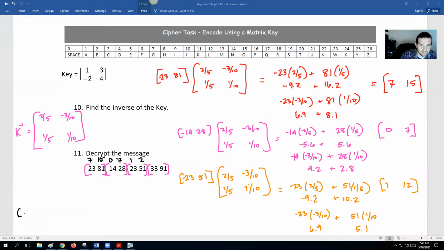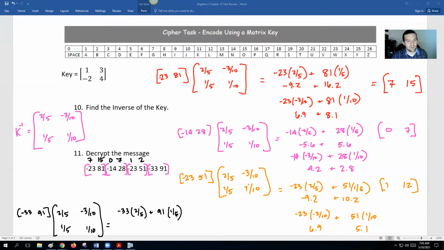All right, last one here. We would have to do negative 33, 91 times our key. So negative 33 times 2/5 plus 91 times 1/5. Negative 33 times 2 divided by 5 is negative 13.2.